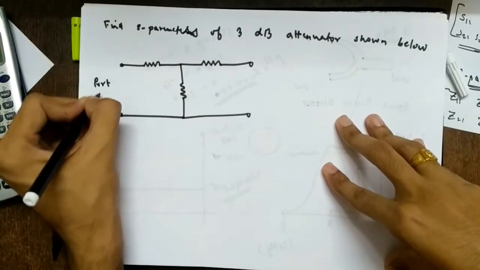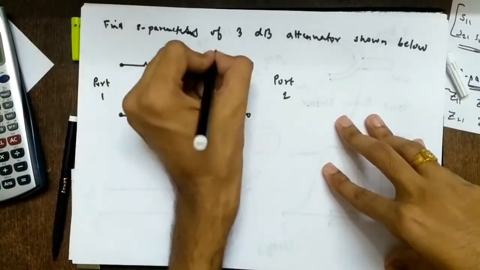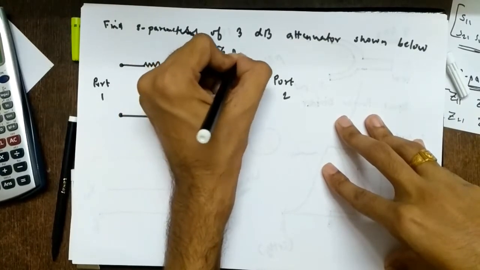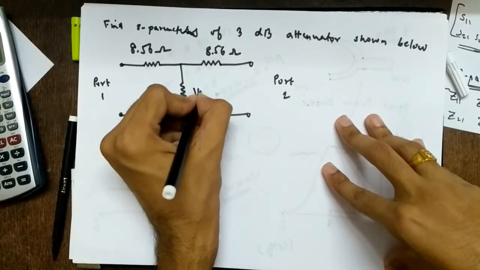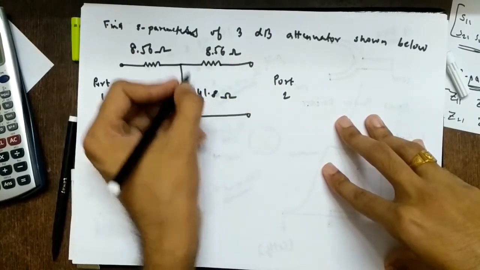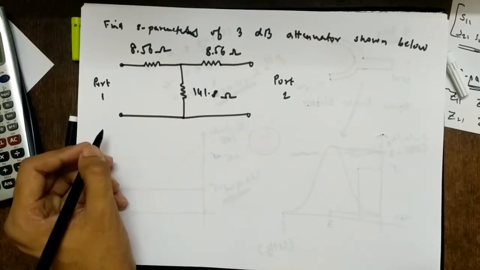This is port 1. This is port 2. This is 8.56 ohms. This is also 8.56 ohms. This is 141.8 ohms. What we have to find? S parameters means S11, S12, S21 and S22.